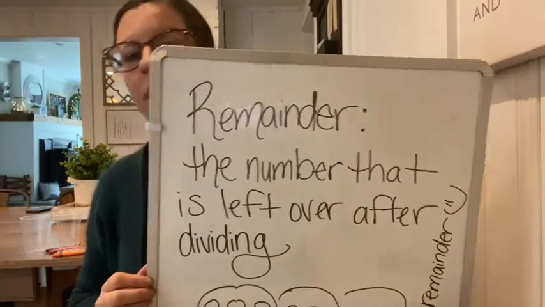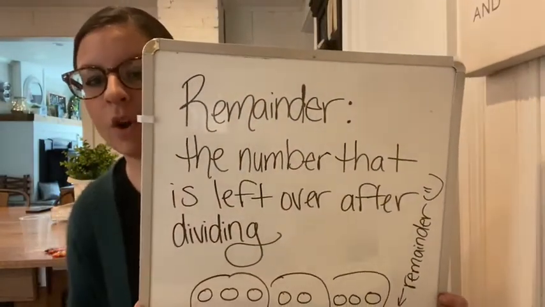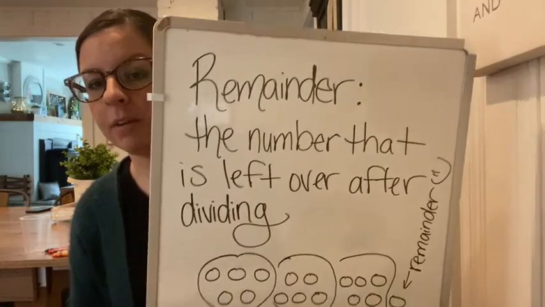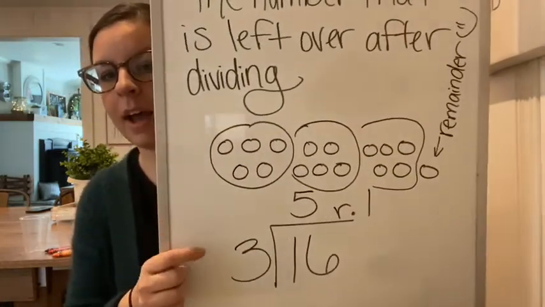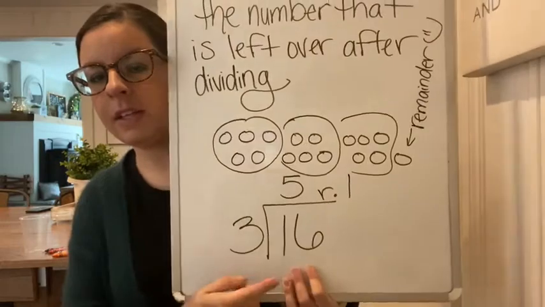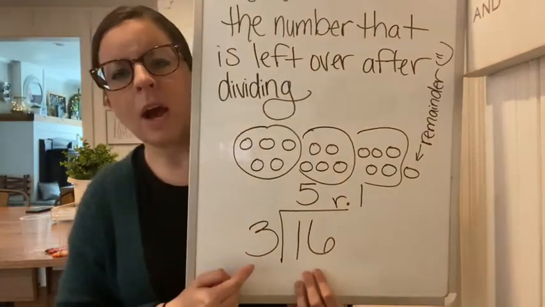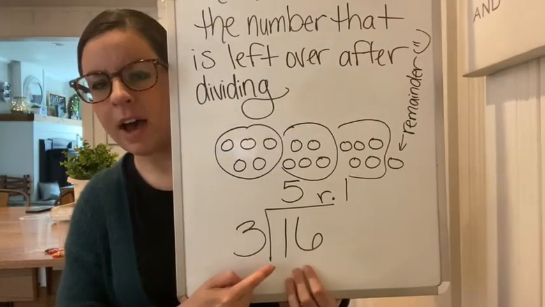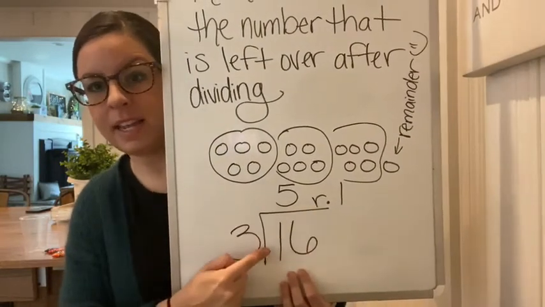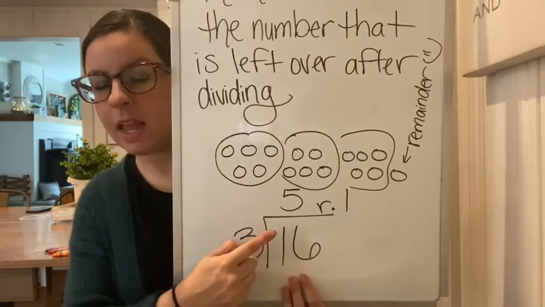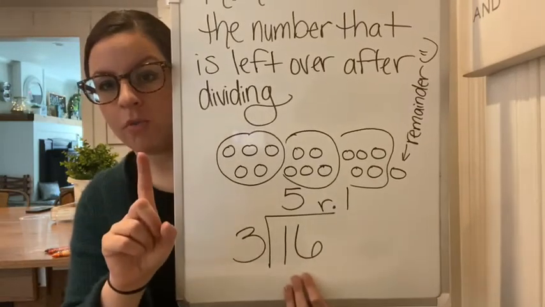A remainder is the number that is left over after dividing. I put an example down here. Remember, this is one of the ways that you can divide. I have 16 divided by 3. Now, 3 times 5 is not 16, but 3 times 5 is 15 with 1 left over.